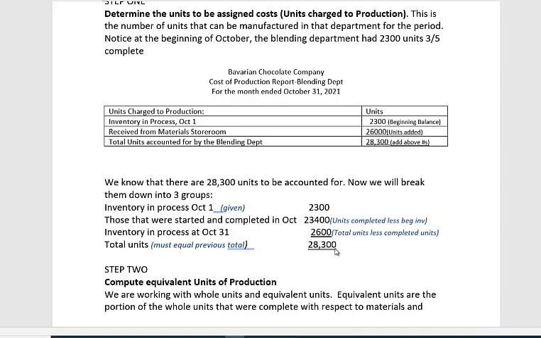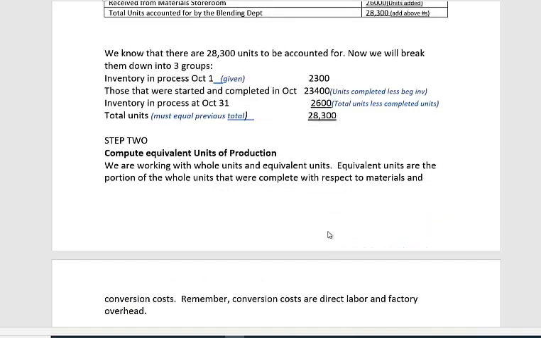Okay, so now we know that there are 28,300 units that we have to account for, and we need to figure out in step 2 the equivalent units of production. In process costing, we're working with whole units, those that were started and completed, and equivalent units, those that were in process at the beginning and the end of the period.